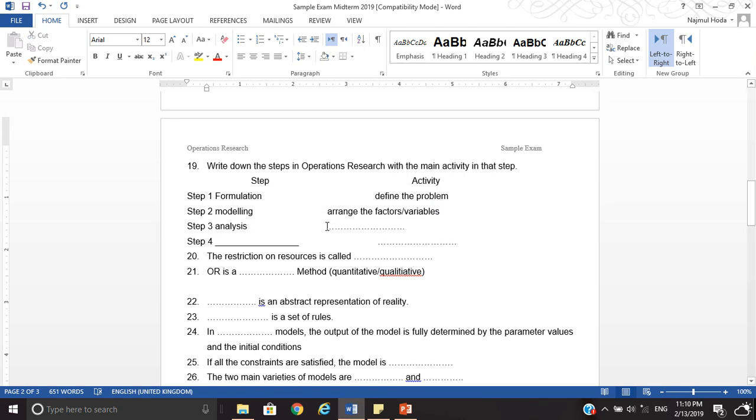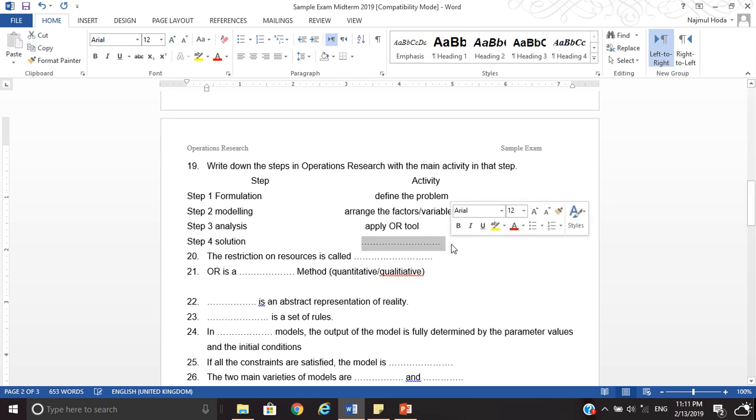So in analysis, what we do, we select and apply the OR tool like transportation method or linear programming or simulation, whatever. Fourth one, final stage, is solution. So in the solution stage, what we do, we find the best alternative.